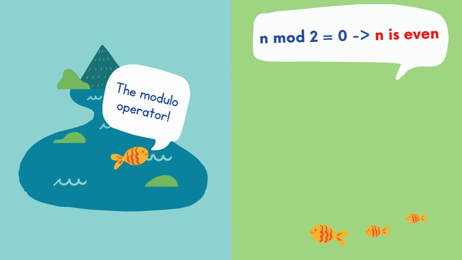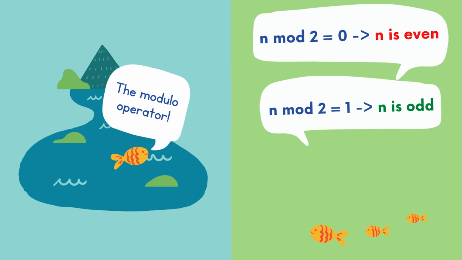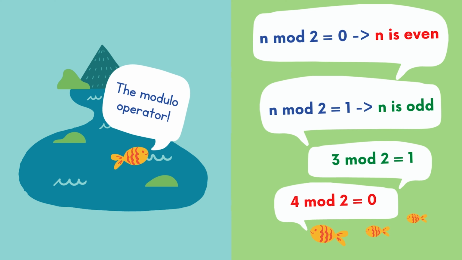On the other hand, if n is not evenly divisible by 2, n mod 2 will evaluate to 1, meaning that the number is odd. For example, 3 mod 2 is 1 because 3 divided by 2 has a remainder of 1. But 4 mod 2 is 0 since the remainder of 4 divided by 2 is 0. You can use this knowledge to finish the challenge.